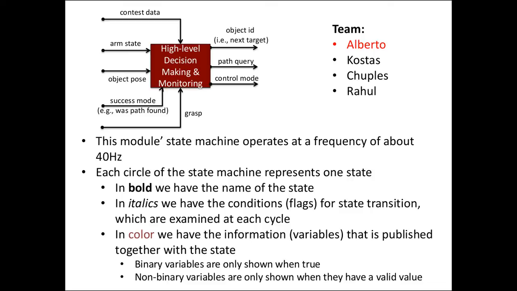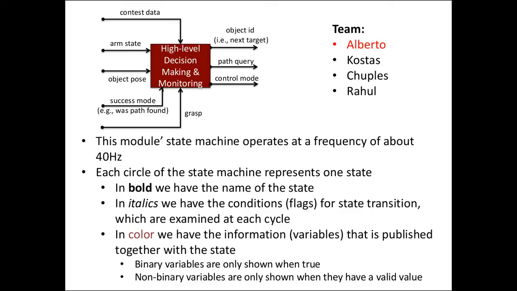In color, in the state machine, we have the information or variables that the state machine publishes, or the high-level decision-making monitoring model publishes, together with the state, to all other models that are interested in this topic in the architecture. So these variables may be binary or non-binary.